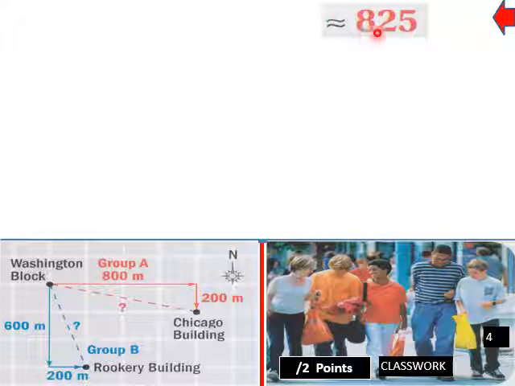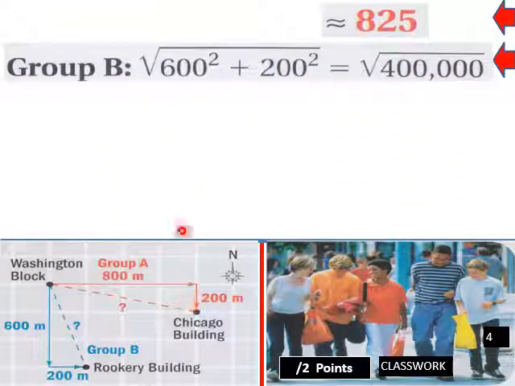Group A will be 825 meters. This length here is 825 meters. And then for Group B, 600 squared plus 200 squared equals 400,000, so we take the square root of 400,000.